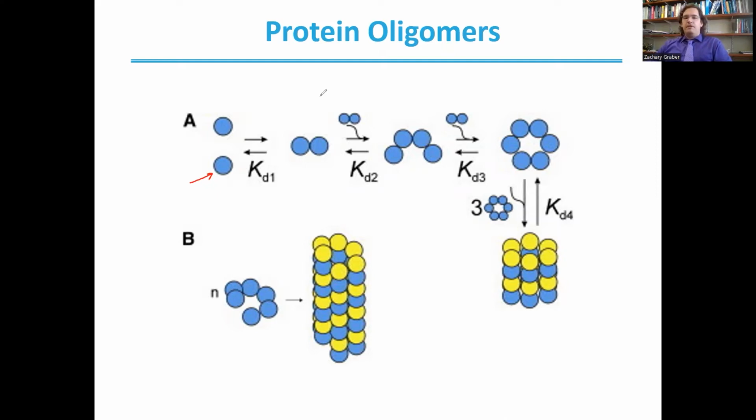Now we can be a little bit more specific here, and we can name this quaternary structure based on the number of individual protein monomers. So we would refer to this as a dimer, since we have 2 protein units together in this oligomer. If we then add on 2 more, this would be a tetramer.